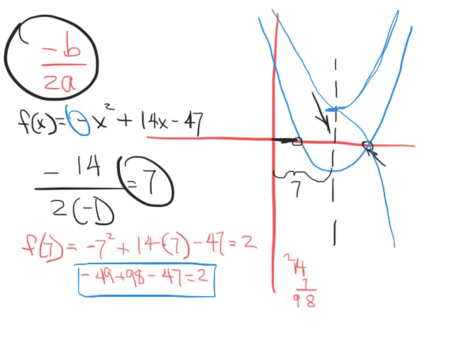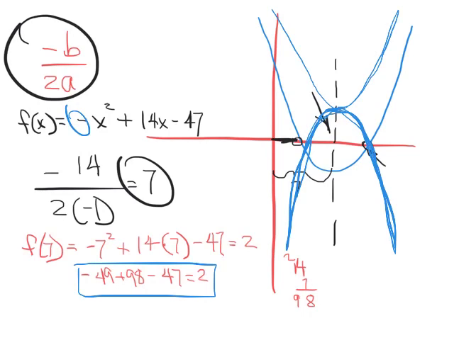So again, I'm going to redraw it. So this ends up being your official graph going down with your maximum value of 2. So that would be the answer to B.